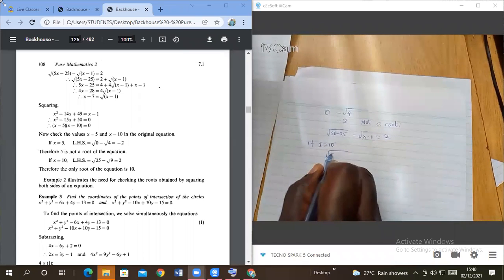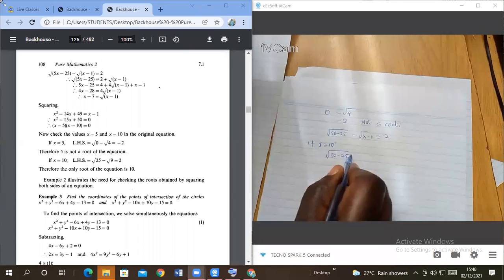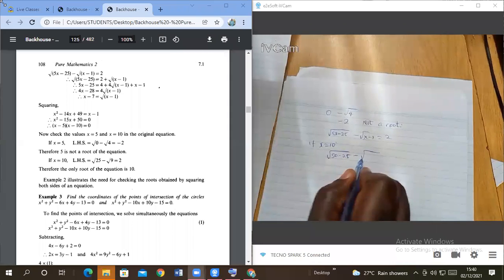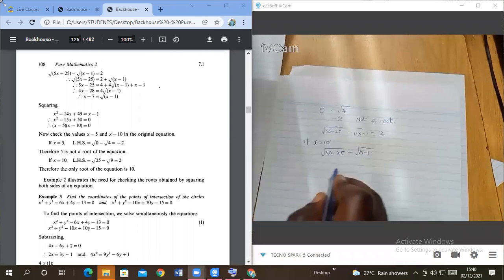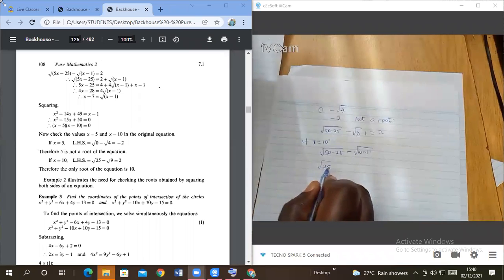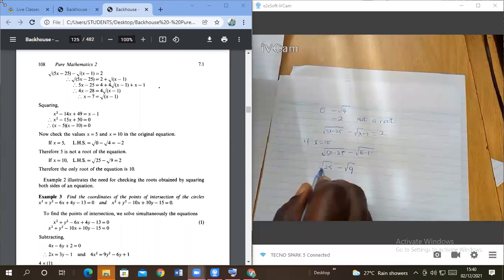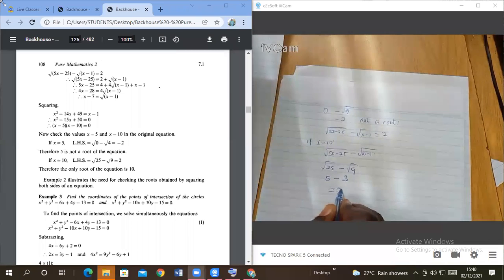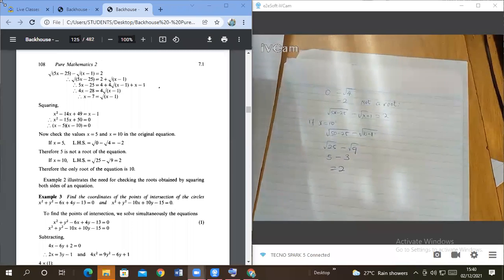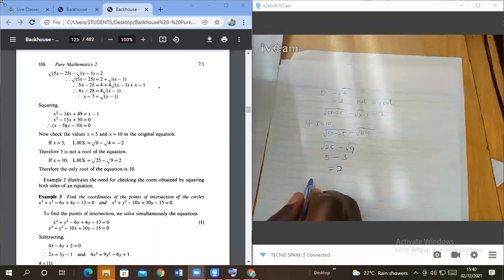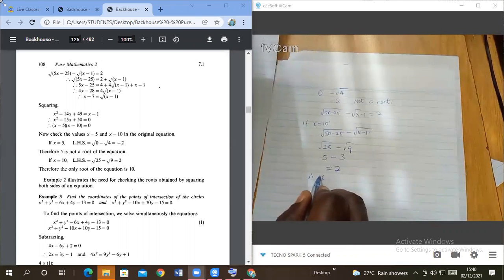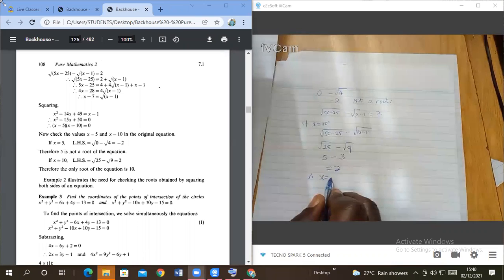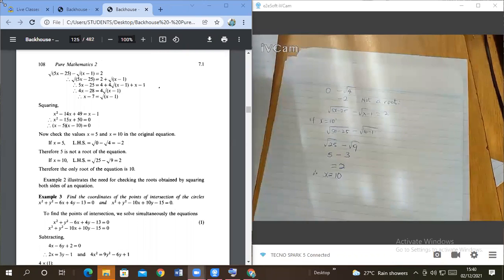We shall have root of 50 minus 25 minus root of 10 minus 1, which is root of 25 minus root of 9. And root of 25 is 5, minus root of 9 which is 3, is 2. Is it correct now? Yes, it is correct. So what is the true value of x? 10. Very good. So the true value of x is 10.